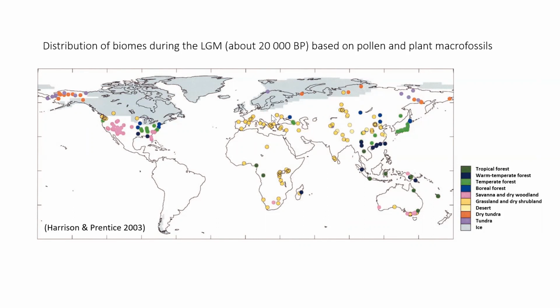Here we see that in Eurasia, there was quite dry grassland vegetation, some temperate forest, some sites with boreal forest, and mostly tundra-like vegetation in the north. Then in North America, in the eastern part there were more forested areas, more boreal and temperate forest, and then savanna-like grassland vegetation, and then here more tundra. So basically using the pollen record, they derive this information and present it on the map.